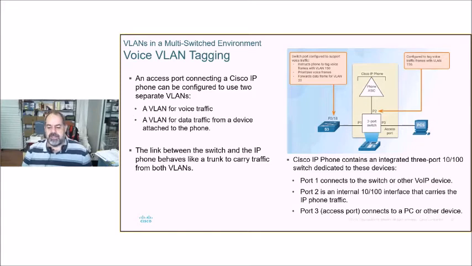Port 1 connects to the switch, port 2 is for the IP phone itself, and port 3 forwards it to the PC. And so this here is a trunk link. The voice traffic, of course, goes there, and then the data traffic goes to the PC. That's basically so that you could add voice phones without having to put in extra data cables.